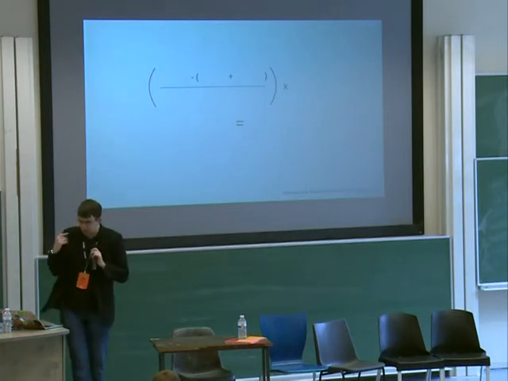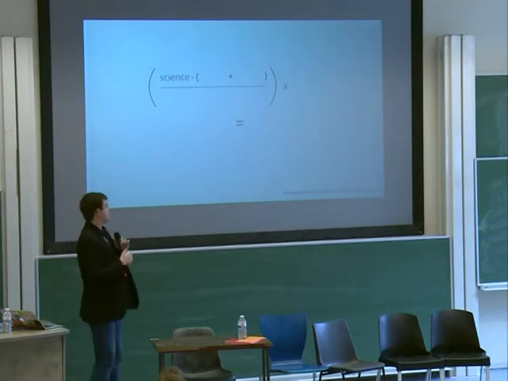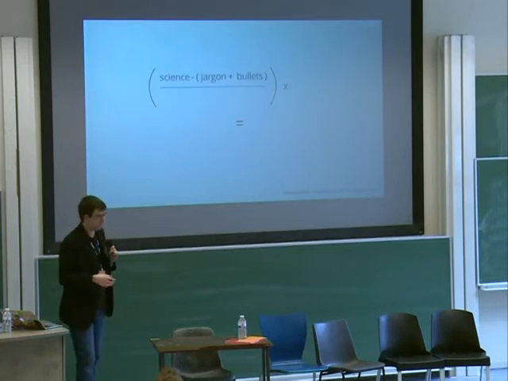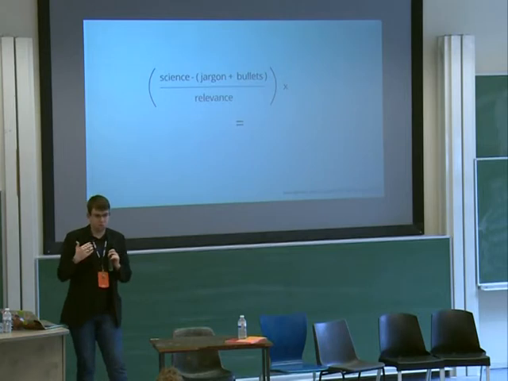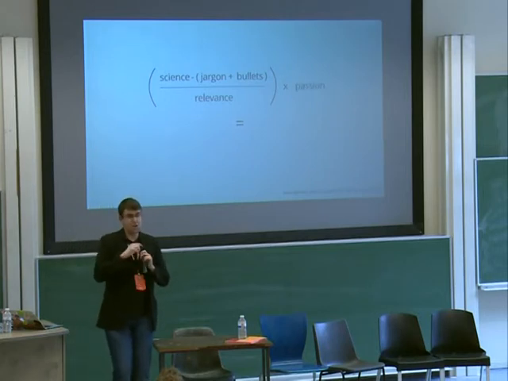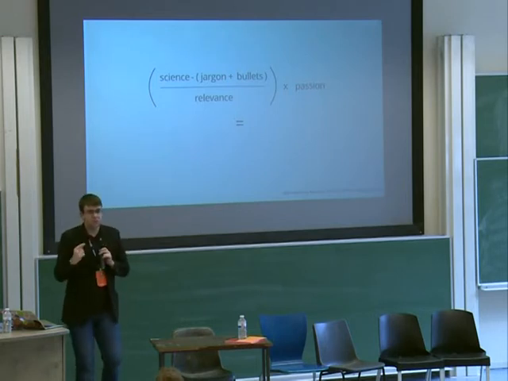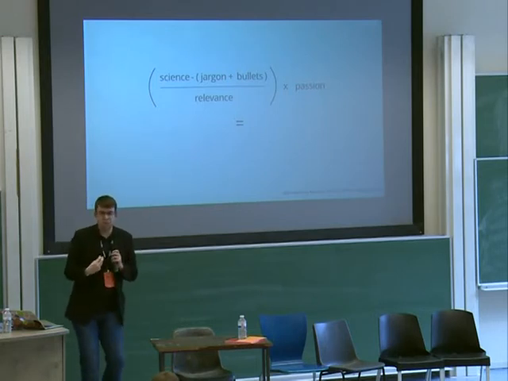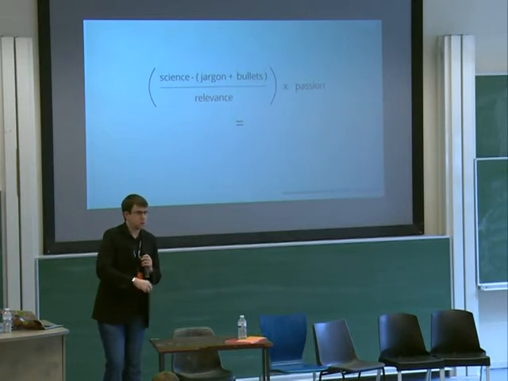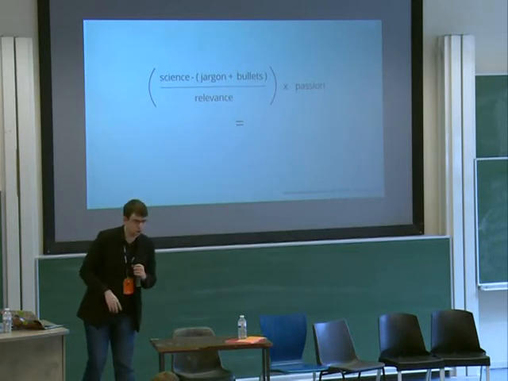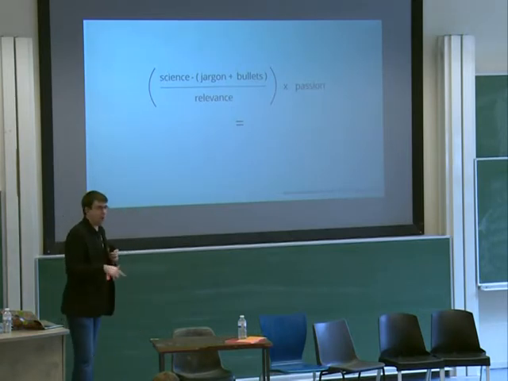But it's pretty simple. Take your science, which is your code and whatever, remove bullet points and jargon, because looking at bullet points on slides and on web pages, unless they're short and concise, horrible. Divide by relevance, and that means only give the information that's useful. Okay, so remove anything that isn't relevant. Times it by your passion.